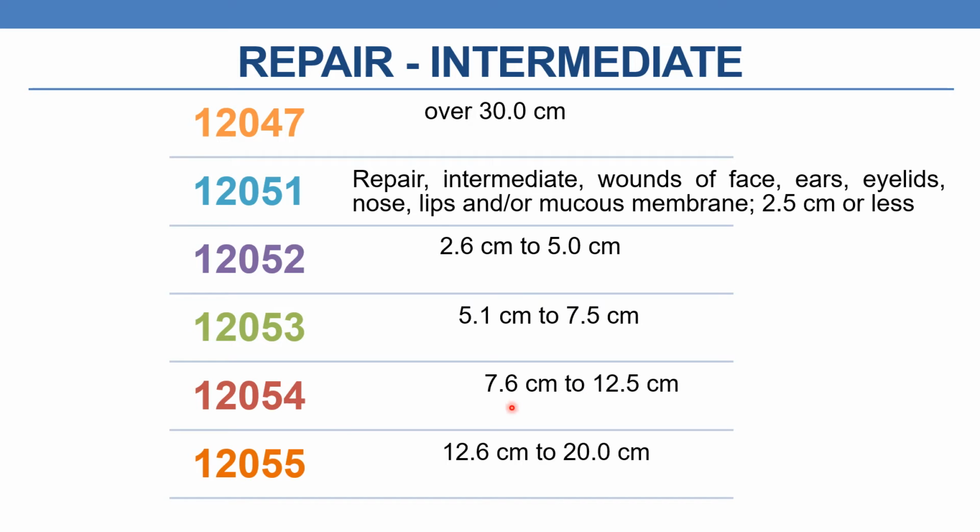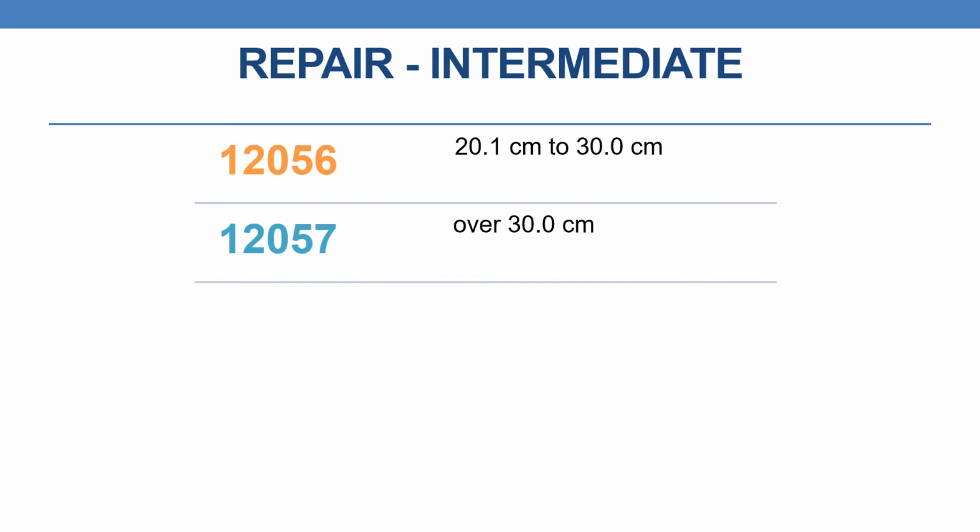Here the repair length is 7.6 centimeters to 12.5 centimeters. The next is 12055. Here the repair length is 12.6 centimeters to 20 centimeters. The next is 12056. Here the repair length is 20.1 centimeters to 30 centimeters. The next is 12057. Here the repair length is over 30 centimeters.